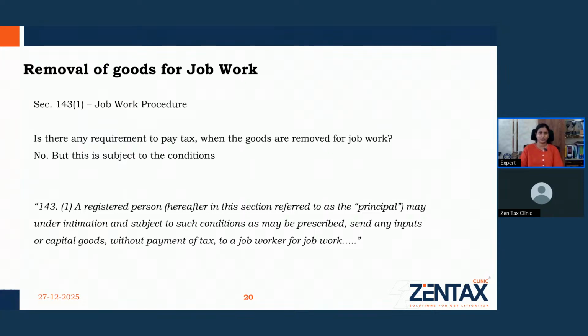Section 143, subsection 1 has provided: a registered person, hereinafter in this section referred to as the principal, may, under intimation and subject to such conditions as may be prescribed, send any inputs or capital goods without payment of tax to a job worker for job work. So in this section, they have clearly mentioned that the principal can send the goods under a delivery challan without any payment of tax to a job worker for job work purpose.